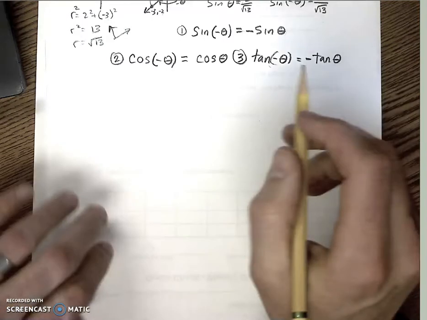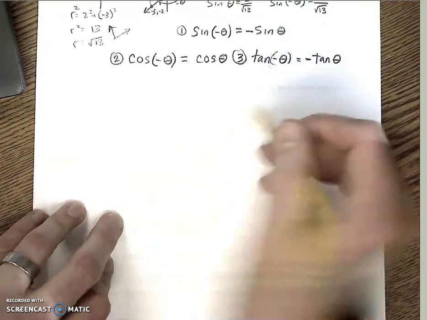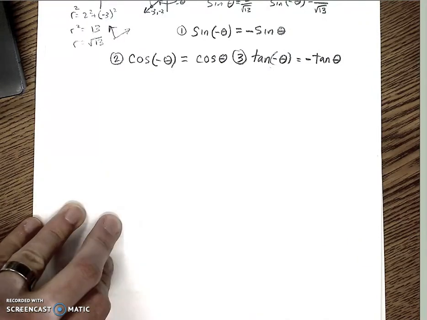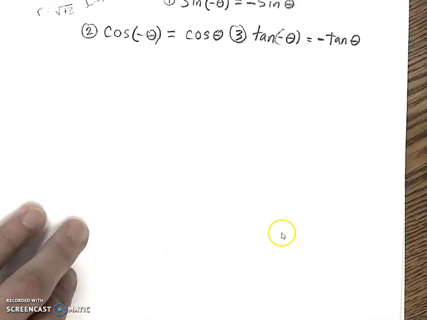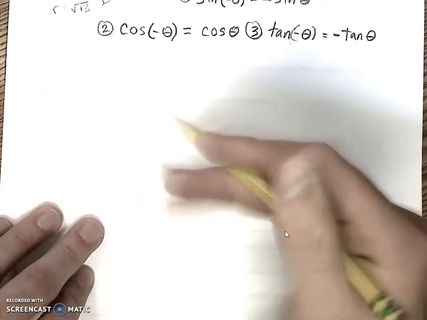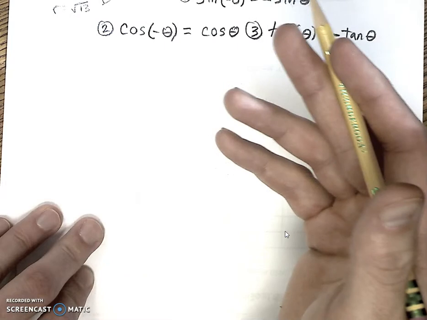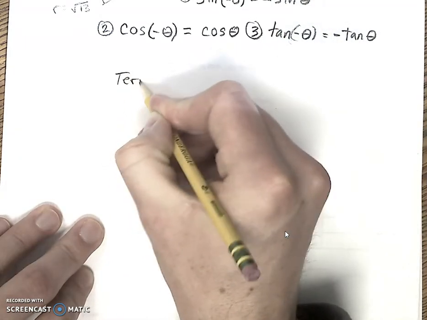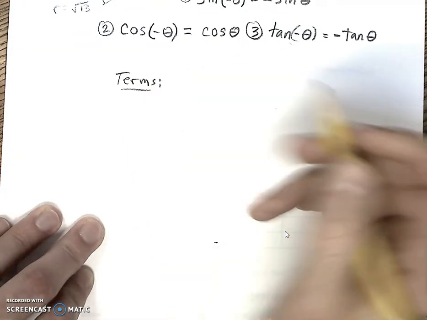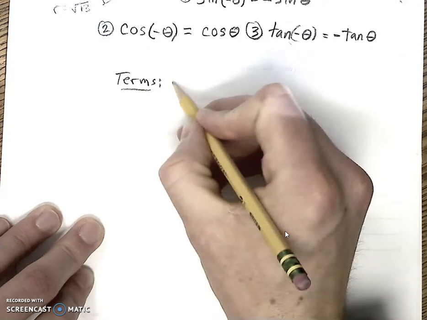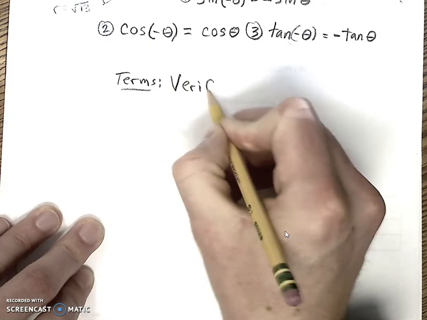So as the rest of this section is going to show, we're going to use those identities we just looked at, but we need to kind of think about what some of these terms that we're going to be seeing in Chapter 5 mean. So some important terms that we are going to use on a daily basis, something like the term verify.